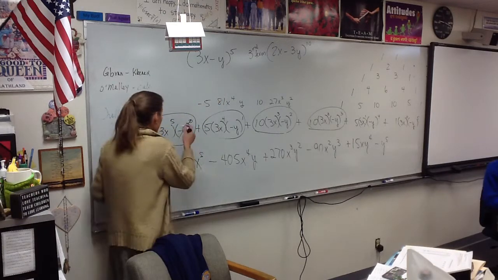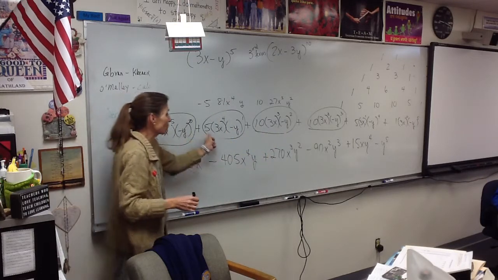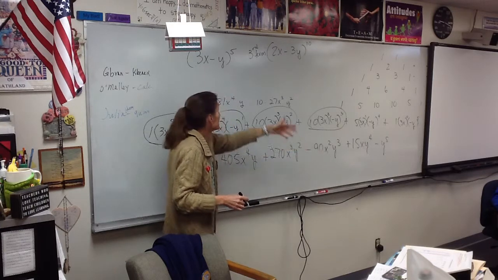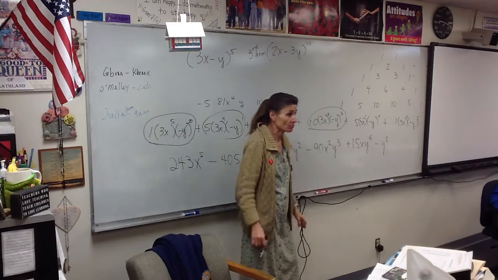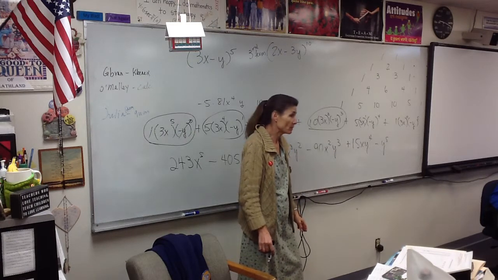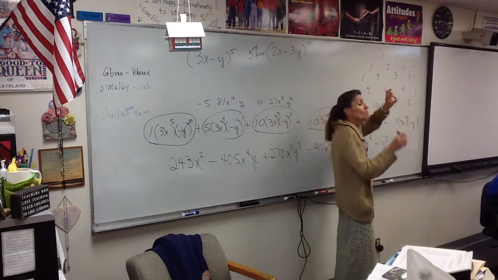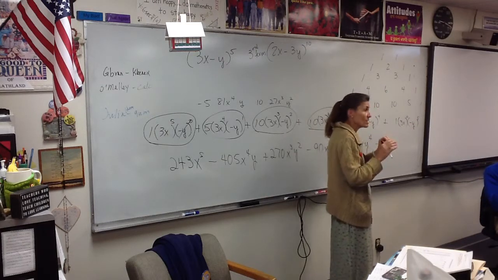Now, remember how you built these terms? What did you start with? What did you find first? The number, the coefficient. Now, you could expand your triangle out to the 10th row, but that's going to take a long time. You can do it. I'm not going to do it. Who remembers how to find these numbers in a different way than building the triangle? Building the triangle is fine, but there's another way.